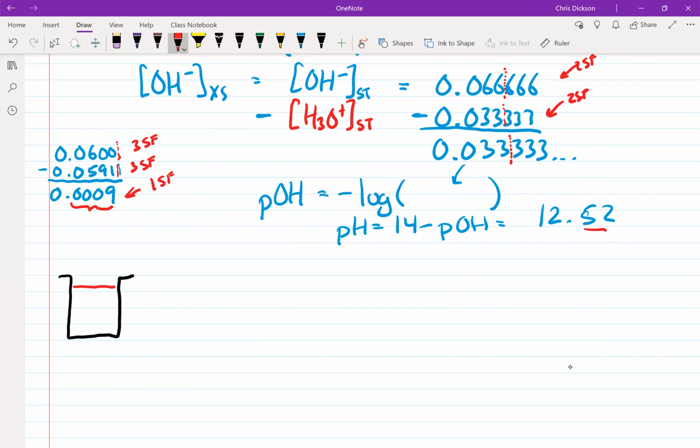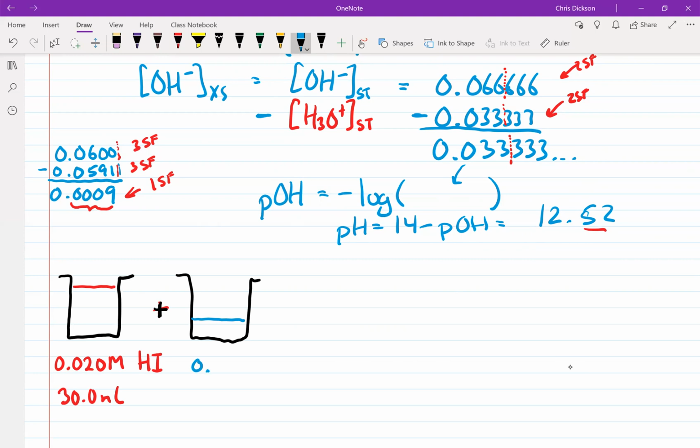So let's say it's 0.020 molar HI, and you have 30 mils of that, and you're mixing it with another beaker that has 0.10 molar KOH, and let's say this is, I don't know, let's say 10.0 milliliters.